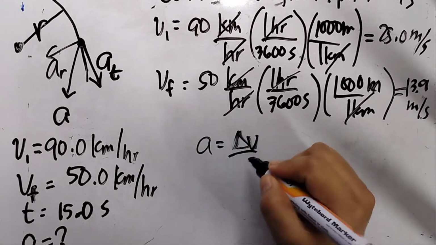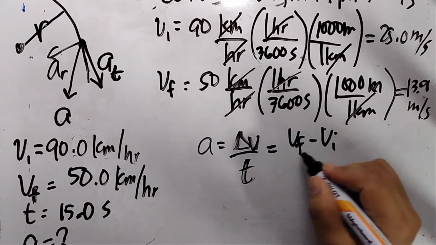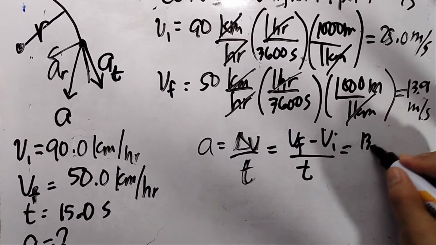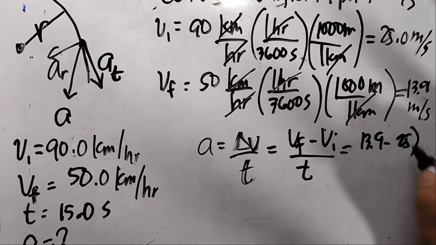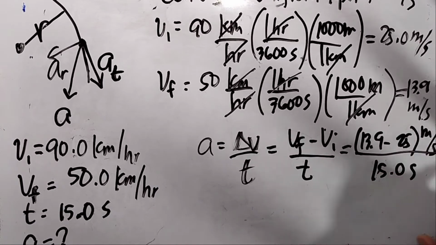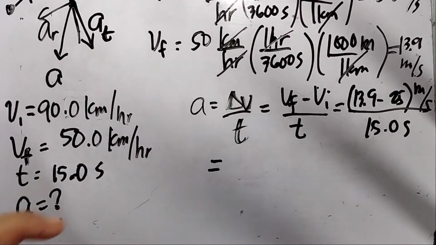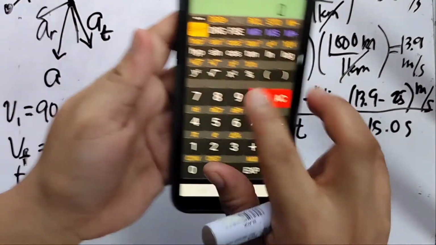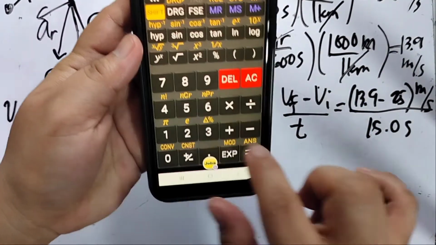We know the basic formula for acceleration: the final minus the initial, over time. So that is 13.9 minus 25, divided by 15 seconds. Use your calculator, or you can do manual computation if you want.